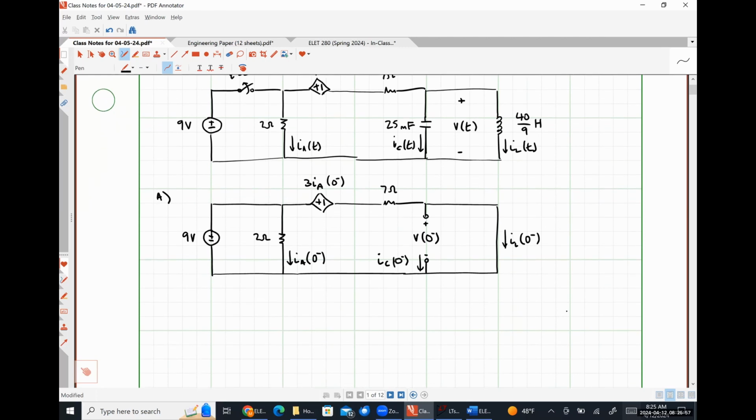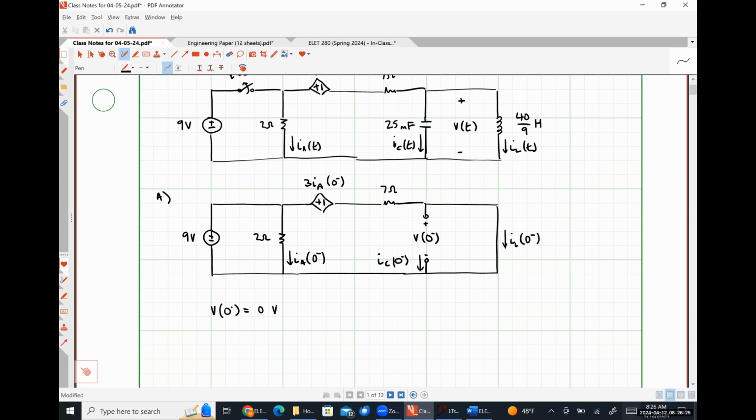So what can we glean from this without doing any real circuit analysis whatsoever? I think that we can see very easily that V at 0 minus is simply 0 volts, because our short circuit representing our inductor is in parallel with the open circuit representing the capacitor, and the voltage drop across a short circuit is always 0.